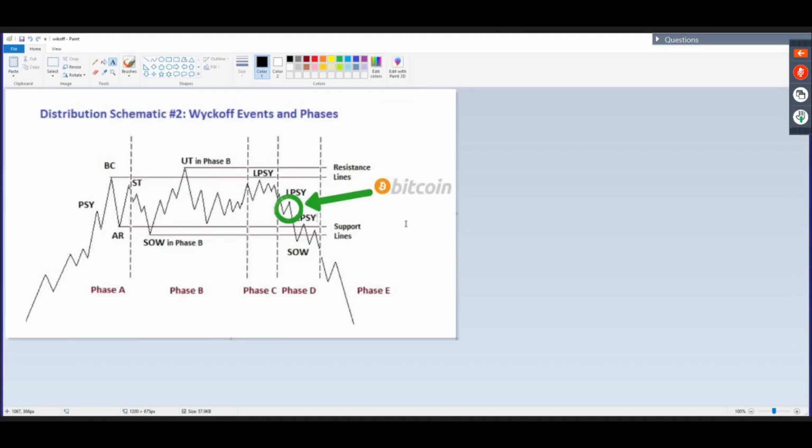This is Wyckoff distribution schematic number 2, events and phases.